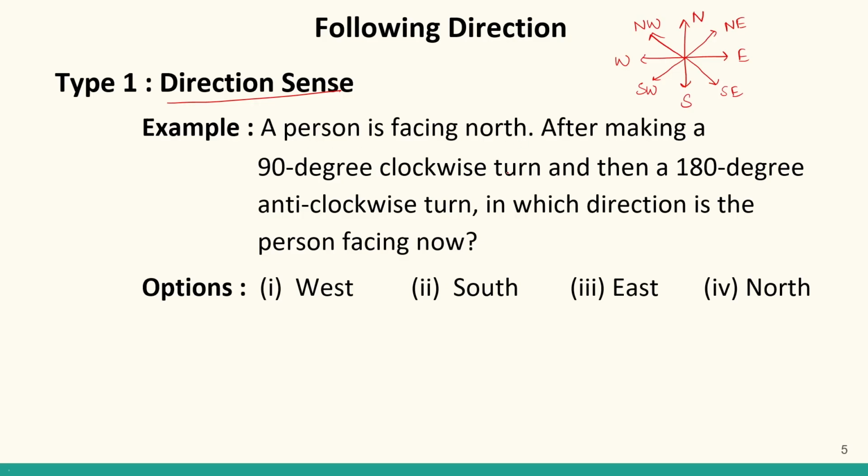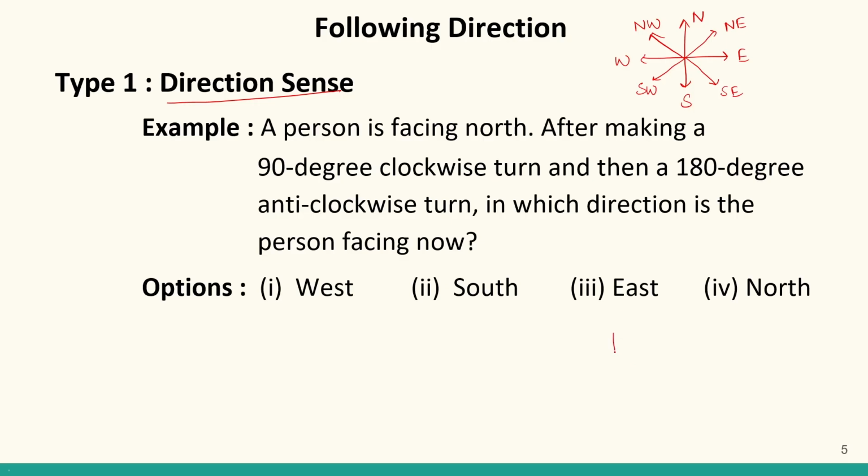A person is facing north, so let us assume that a person is over here and he's facing north. If I am the person, I am facing north. This is my initial position. Whenever we start a question, the initial position is given and we have to start the question from there. So he makes a turn of 90-degree clockwise.